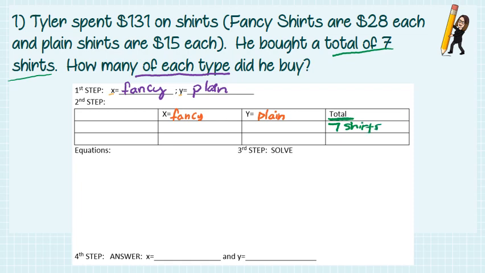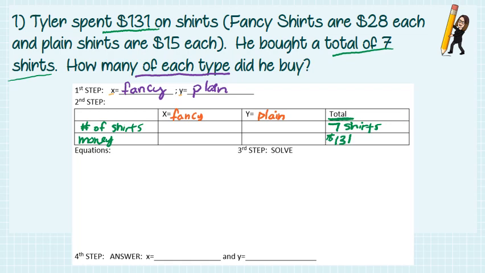And I have a total of $131 spent. So if I break that down, if I was to label what each equation is going to be, I'm going to have a money equation because I have a money total, and I'm going to have a number of shirts equation because I have a shirts total.